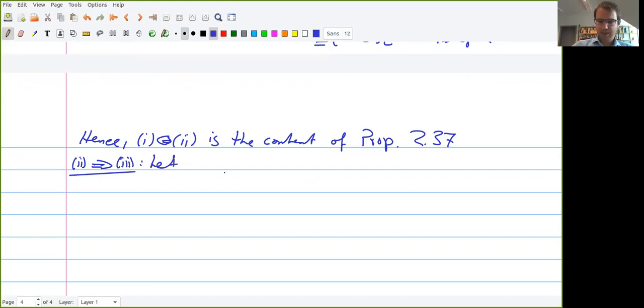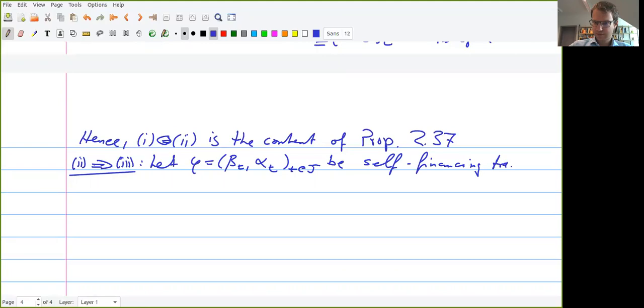What we want here is to start with a self-financing trading strategy, beta and alpha, assumed to be self-financing, with the negative part of the associated value process at the terminal time under Q being integrable.